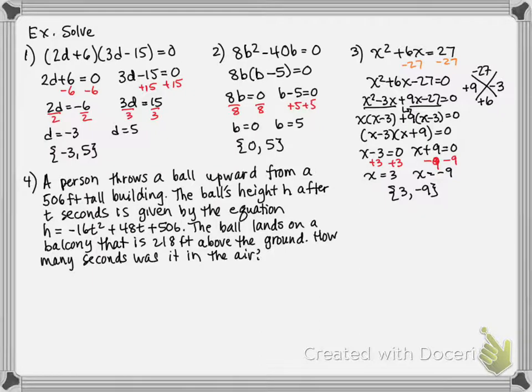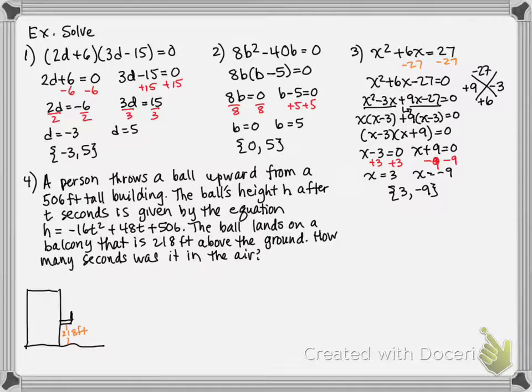Okay, so when I come to word problems like this, I kind of like to visualize what's happening. So we have a building, and there's this balcony that is, here's your ground, 218 feet above the ground.